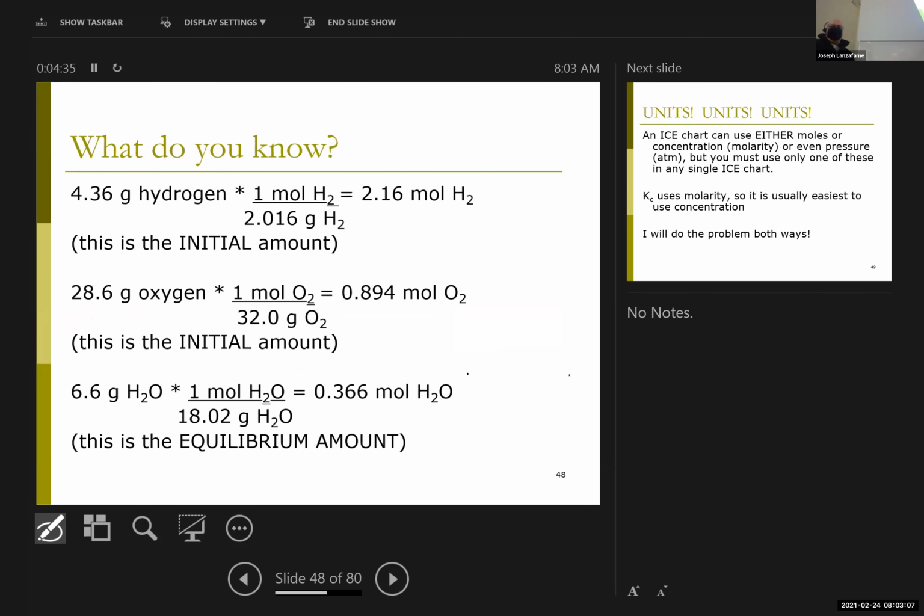In this case, I was given three amounts, but they actually correspond to two completely different time frames. I had the initial amounts of hydrogen and the initial amounts of oxygen, and then I was given the equilibrium amount of water. In some sense, this is a fake, but otherwise perfect example of how this experiment might go if I was trying to determine the equilibrium constant.